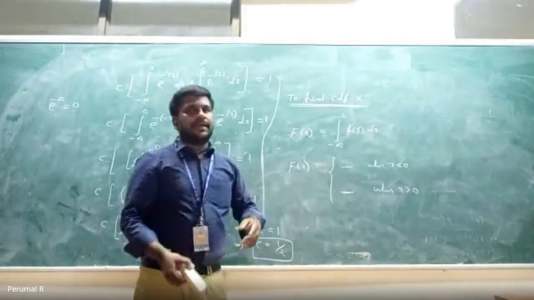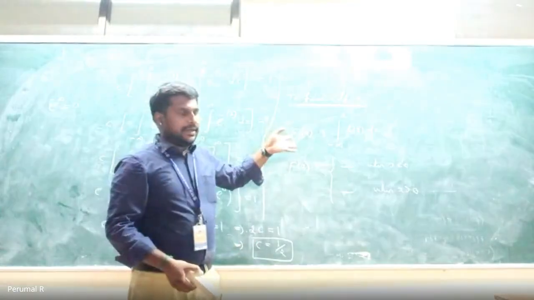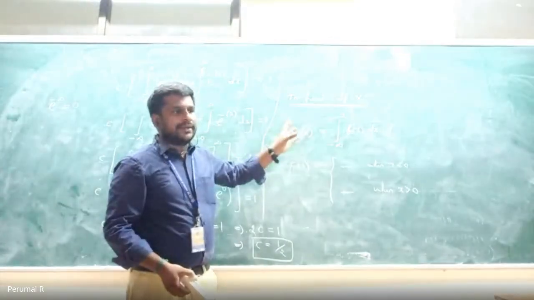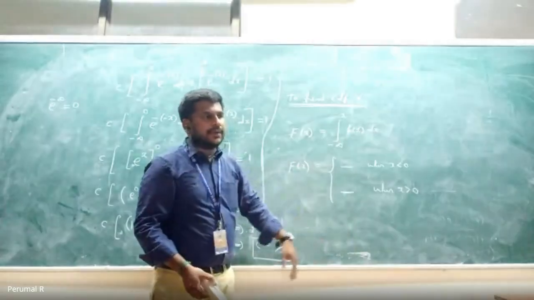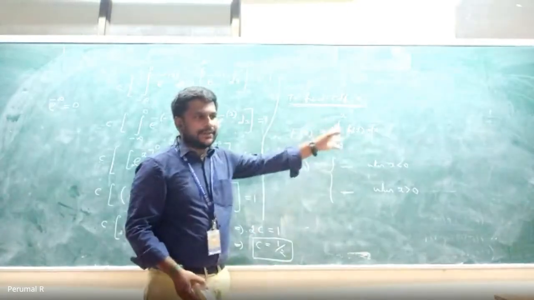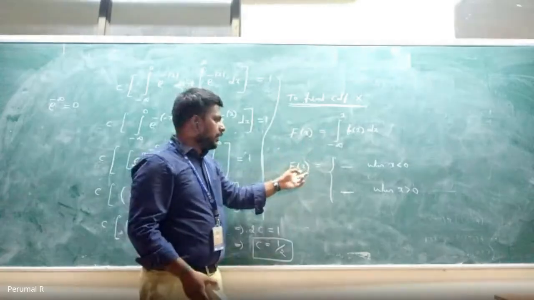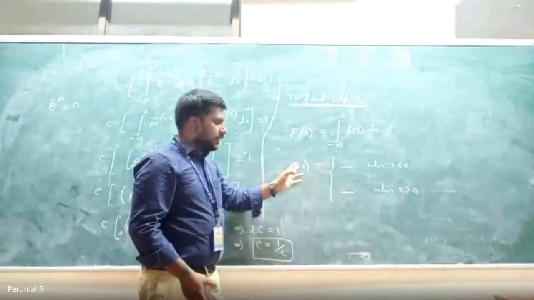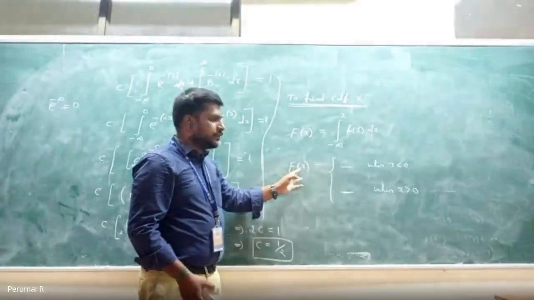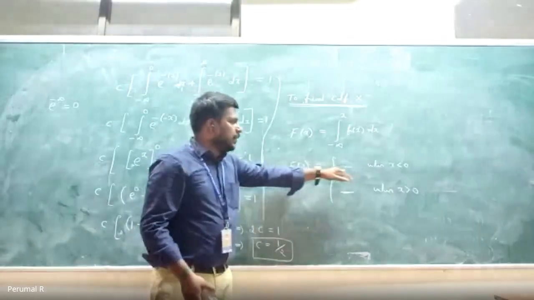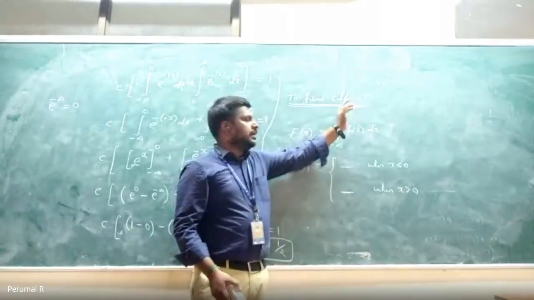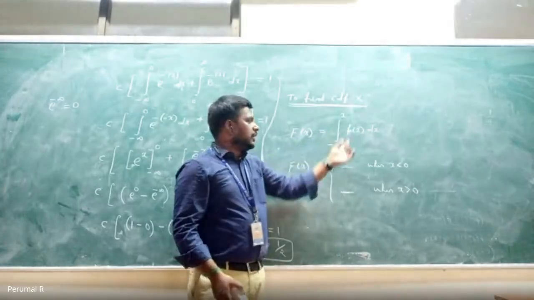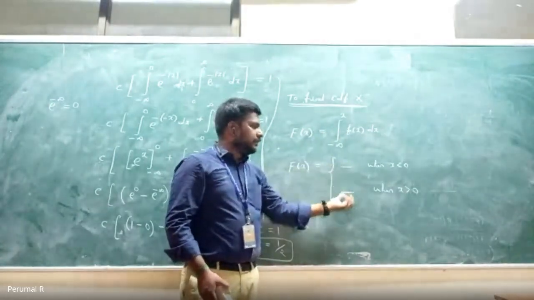Previously, for discrete random variables, you were getting discrete values like 1 by 2, 1 by 3, 1 by 4. Here the function is defined in intervals. That means your cumulative distribution function of the random variable you get in terms of the variable x, because your upper limit should be x.